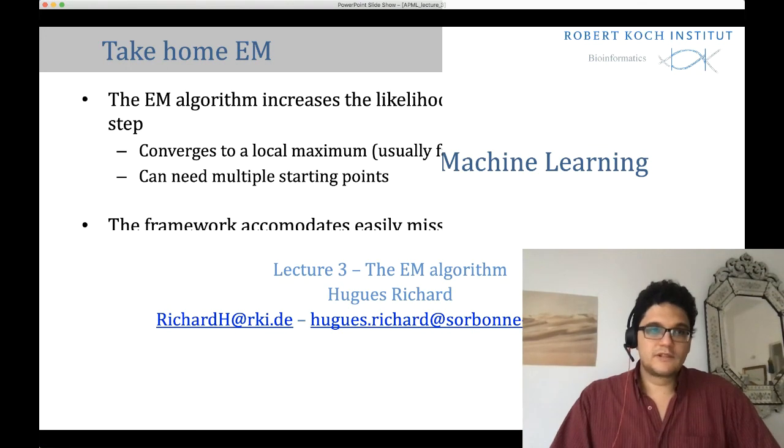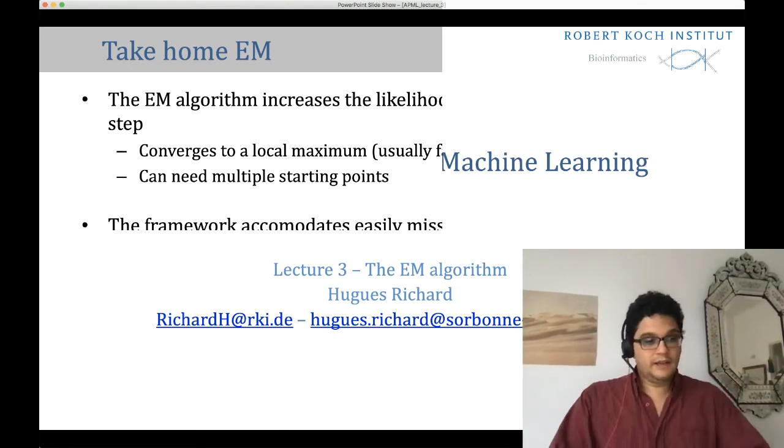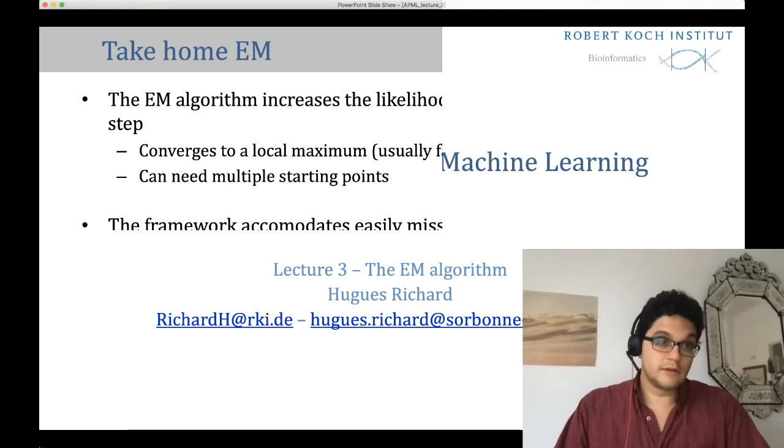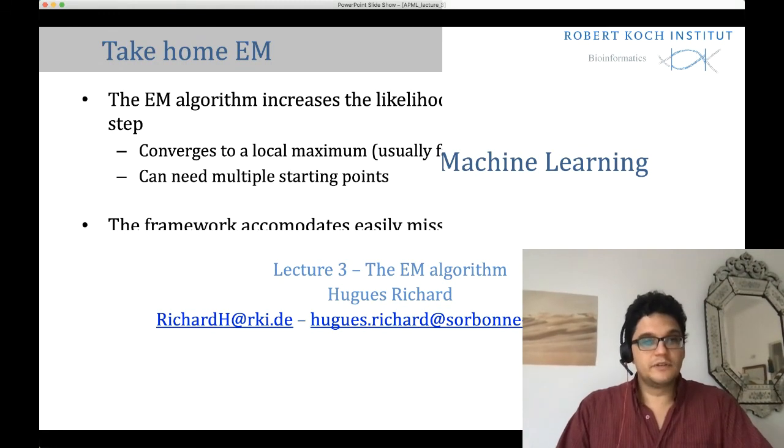Okay, but as a warning word, EM is really nice. It can be used in many cases, and this is what we will use most of the time in the following. But we still have a constraint that we need to be able to compute the posterior of the missing data or of the latent variables.